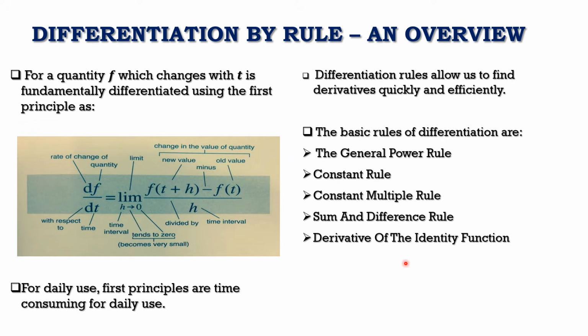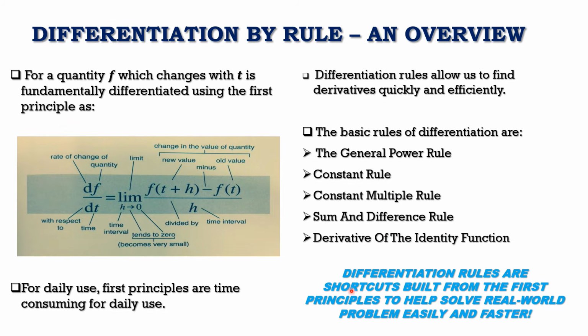Then the derivative of the identity function. The differentiation rules are shortcuts built from the first principles to help solve real world problems easily and faster. So that is the overview of the concept of differentiation rules.